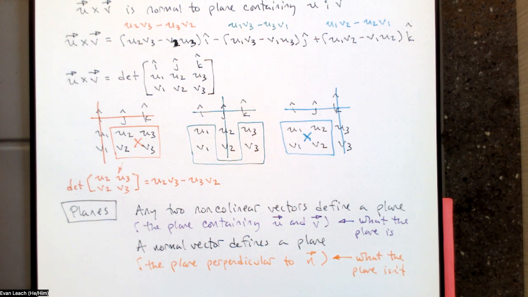We're describing the plane as what the plane is or what the plane isn't. 2 ways we can describe a plane. It's a little bit glib to be like, oh, what the plane is and what the plane isn't. So we're either describing the plane using stuff in the plane, or by saying what stuff is not in the plane.